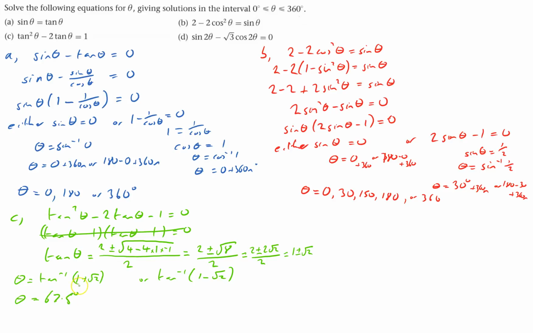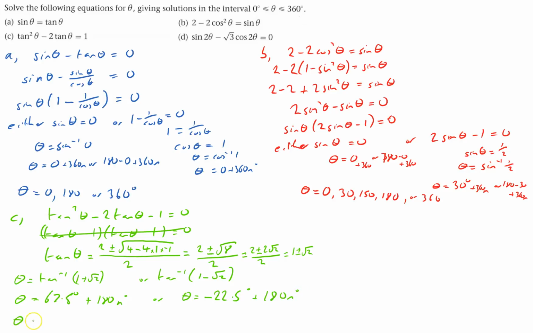And so theta equals 67.5 degrees, and tan repeats every 180 degrees, or theta equals minus 22.5 degrees, and tan also repeats every 180 degrees.